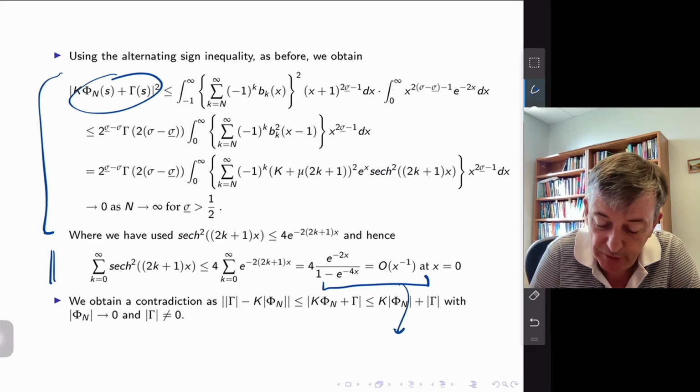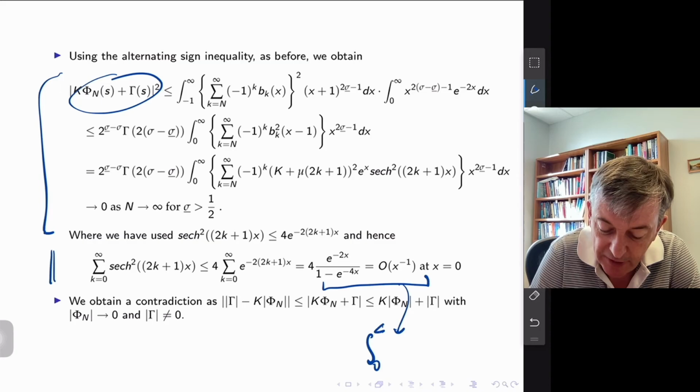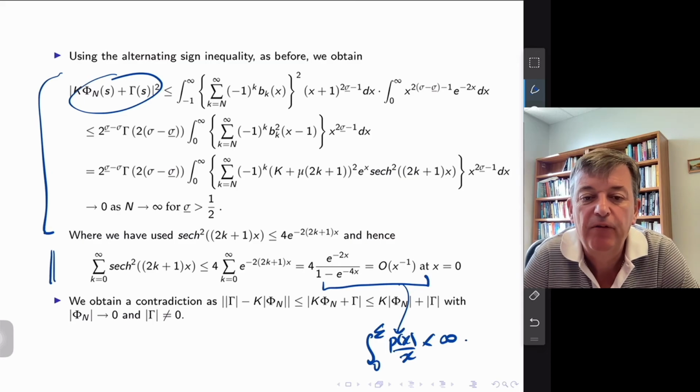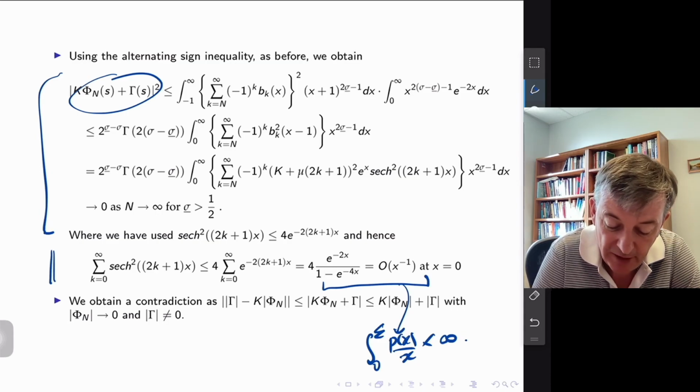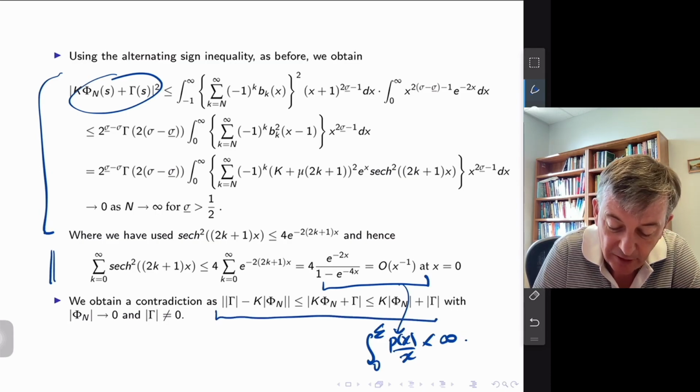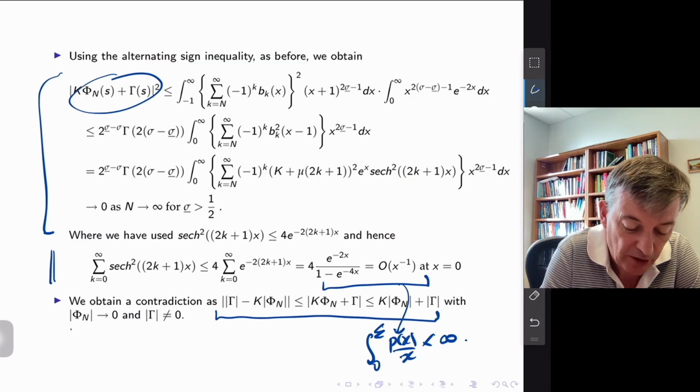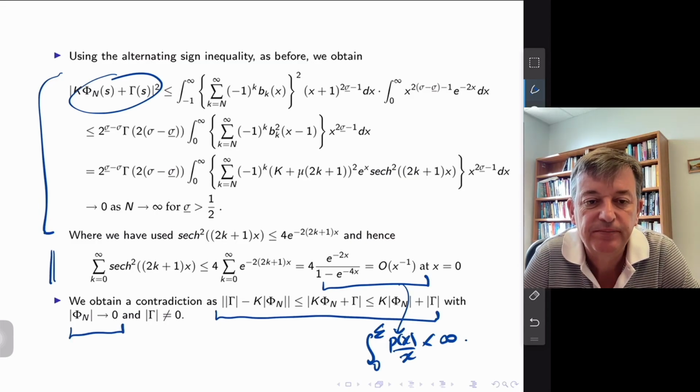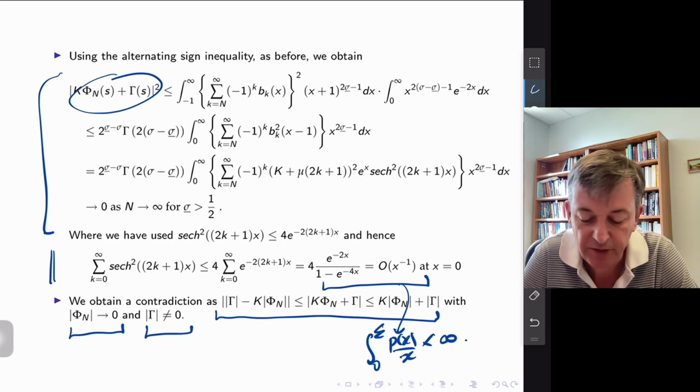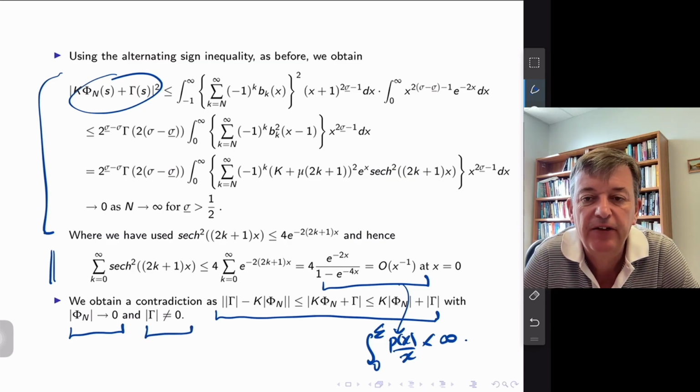Maybe that bound can be improved, and that's what led us to the condition that you need the integral of p of x over x being less than infinity, or at least that's a sufficient condition to be true. Given that I've bounded the gamma function on both sides, that I know the error term tends to 0, and that the gamma function doesn't have any zeros, that sandwich inequality would obtain a contradiction.